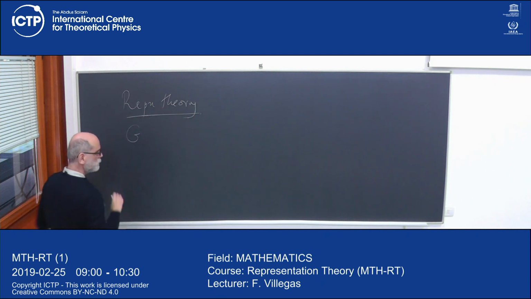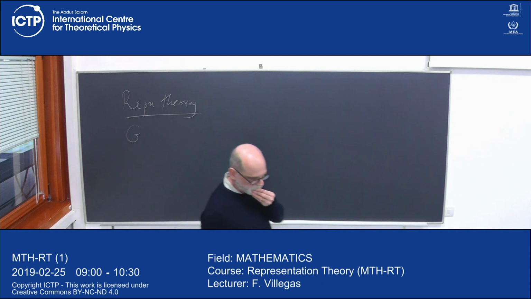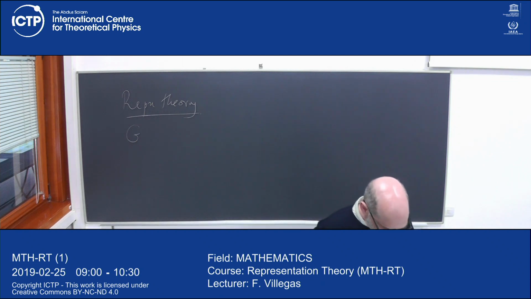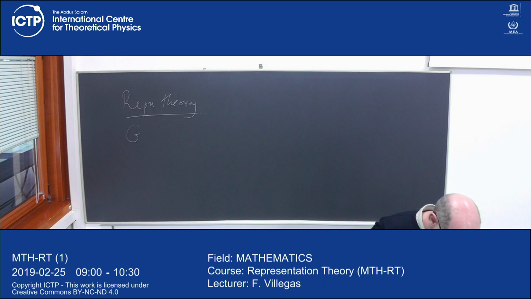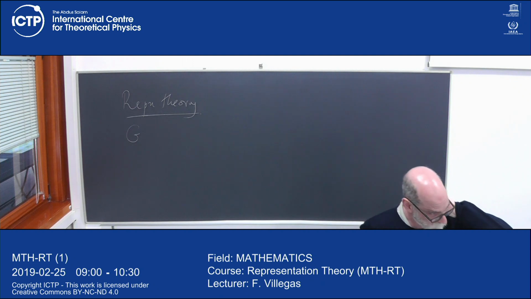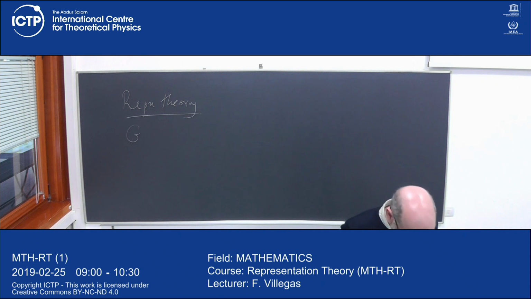So we start with a group G. If you think of a group, you probably have seen groups in an abstract sense, and you can do a lot with that.